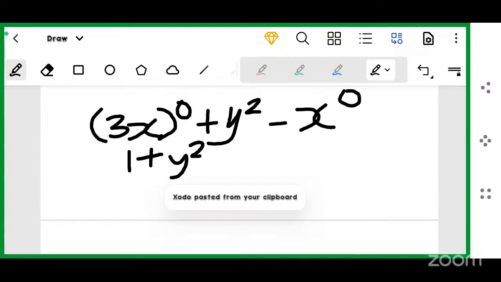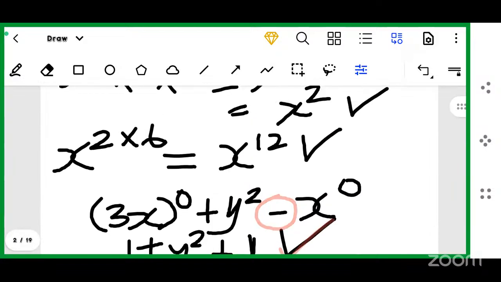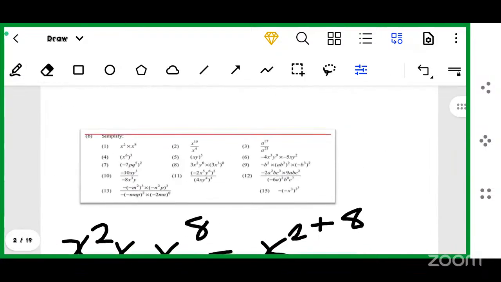Okay, I like how you did it, but here the sign was negative, meaning that here it was supposed to be negative. But how you interpreted it is very correct. So we are okay with the exponential parts.